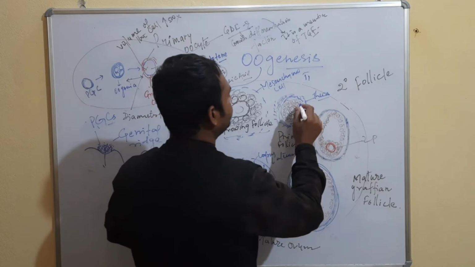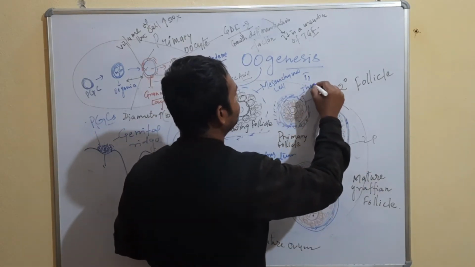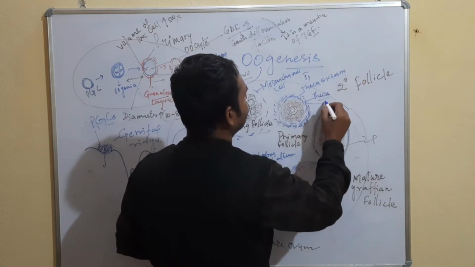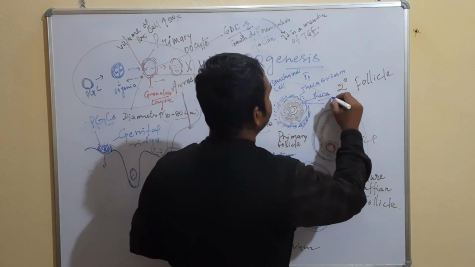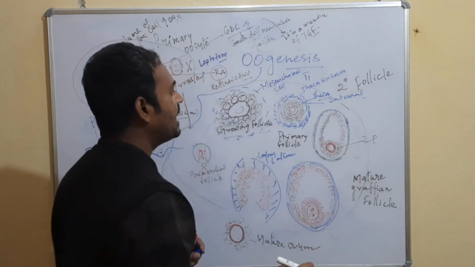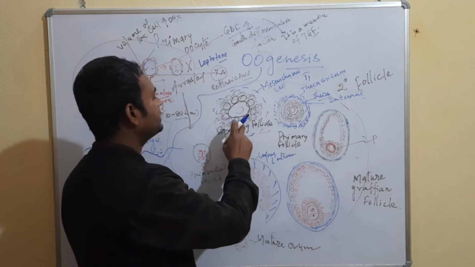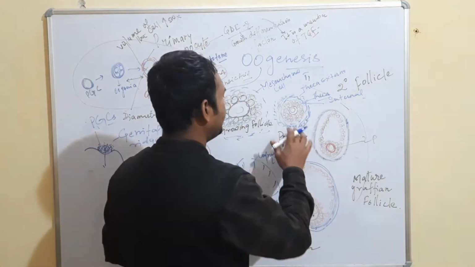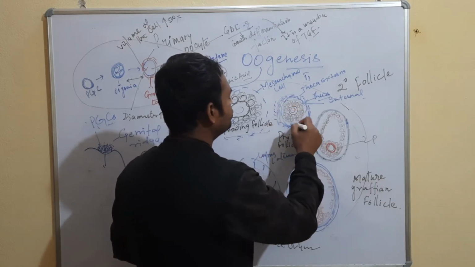Okay, and this theca layer has two parts, called the theca externa and the theca interna. Okay, and the cells present over here, the granulosa cells, will differentiate and start to divide.